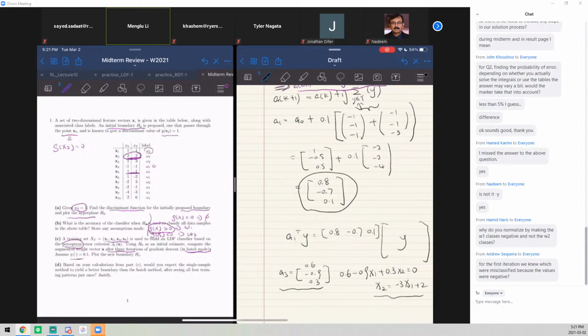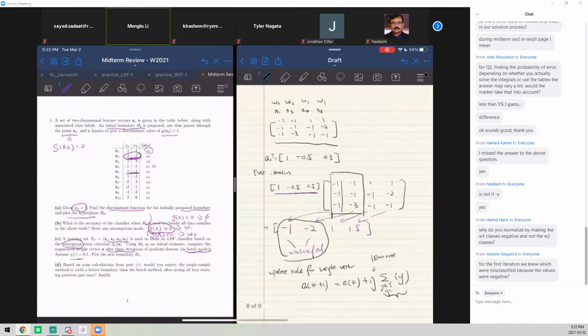For the first iteration, we knew which are misclassified because the values are negative. Because it's -1, or less than 0, we say it's misclassified. Because we normalized it, we made all the points belong to class 1.